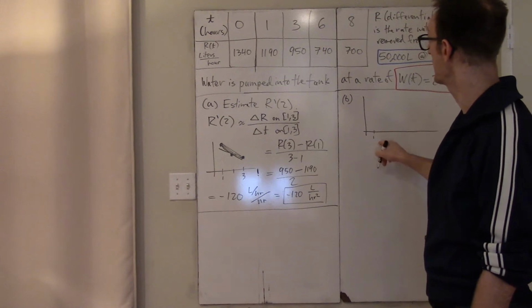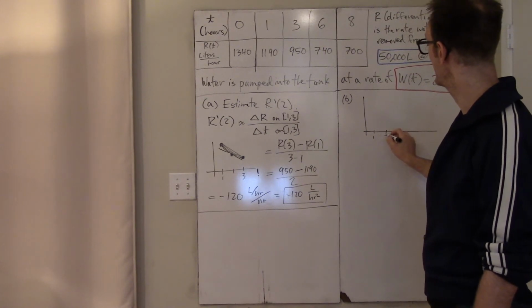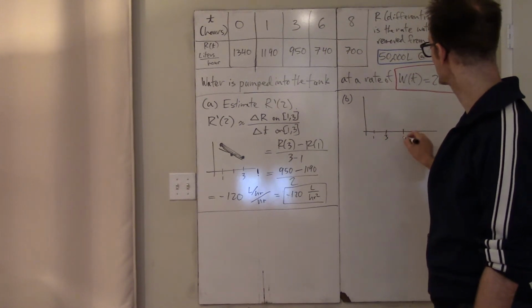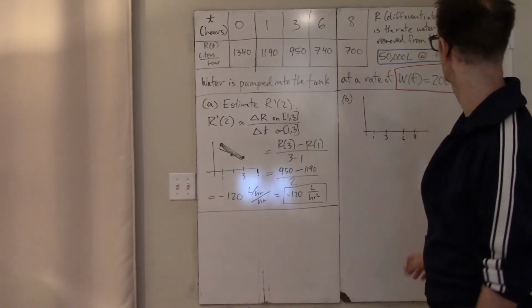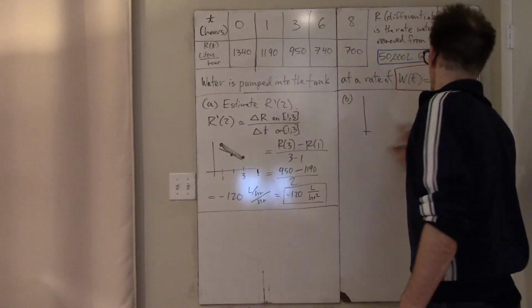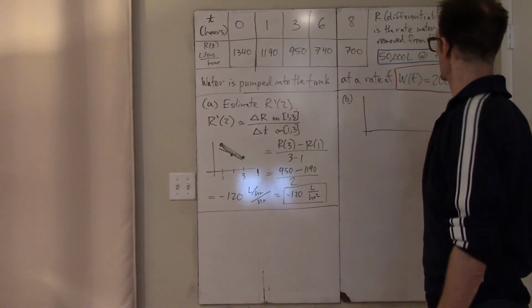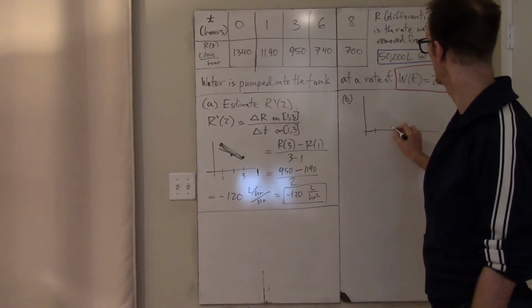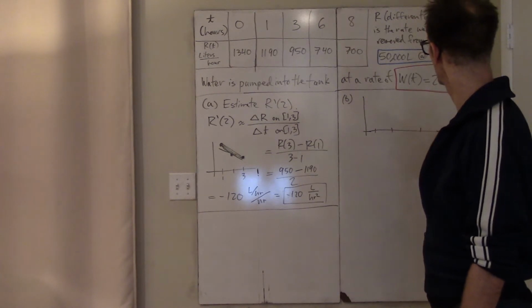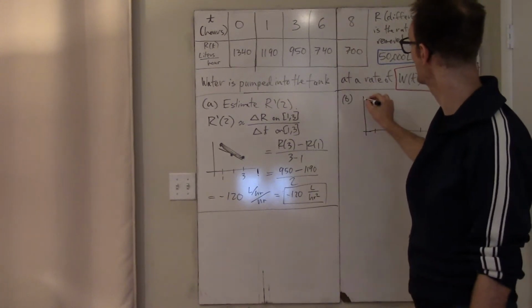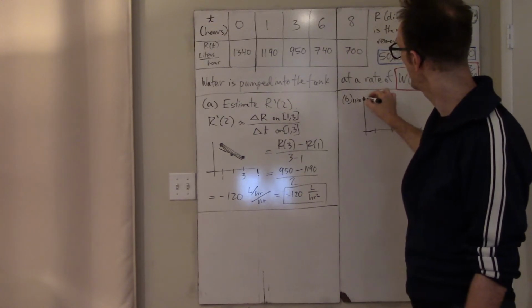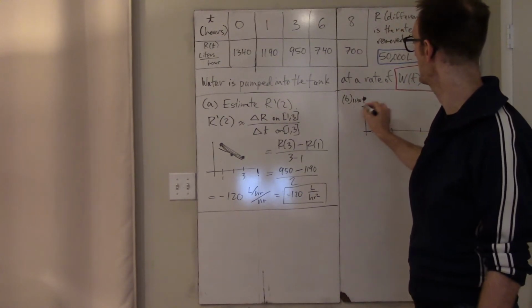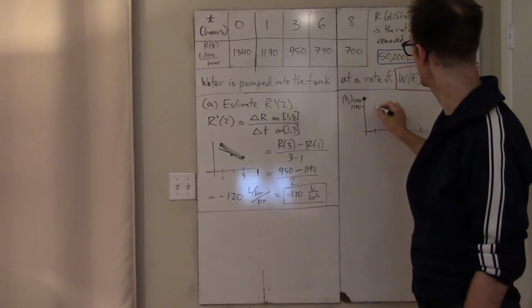So here's 1, 3, 6, and 8. Okay, and maybe I'll draw a better picture. So yeah, 1, 3, 6, and 8. And where am I at time 0? I'm up here at 1340. Where am I at time 1? At 1190.